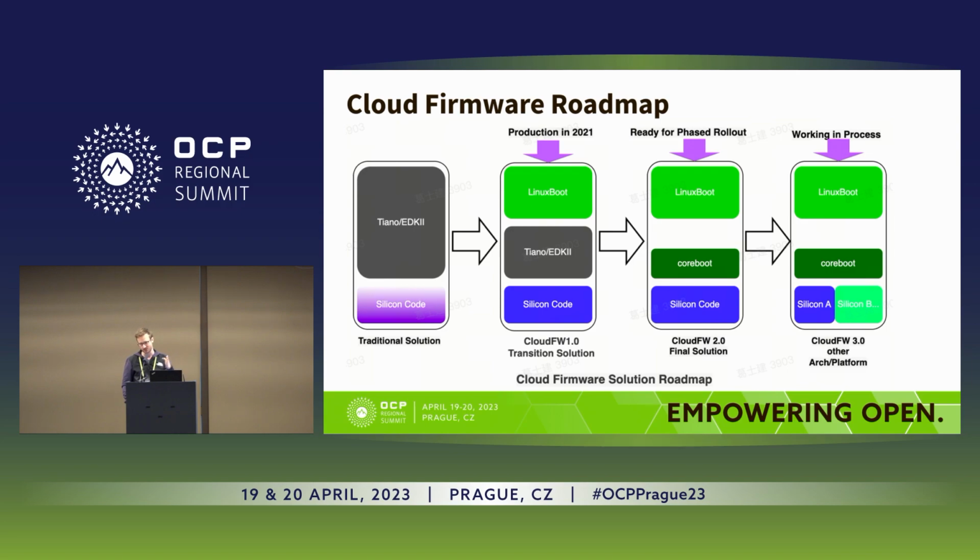Then you will produce different binaries, but the code that brings up your hardware, not only the silicon but the rest of the system, stays consistent throughout all the silicon platforms that you have. So the common point of intersection is coreboot, the top end of coreboot? Yeah, exactly. We just replace the silicon code that does the silicon initialization, like bringing the RAM up and these kinds of things.